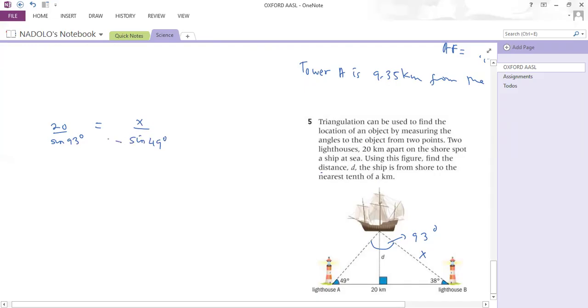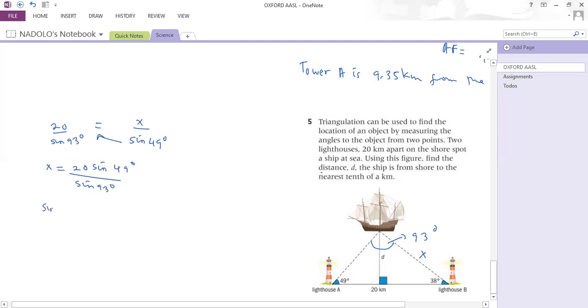So for you to get x, you multiply by sine 49 on the other side. So x should be equal to 20 sine 49 degrees divided by sine 93 degrees. I do not want to obtain my answer now in decimals, because my D will not be that accurate. I will want to use that answer to find D.